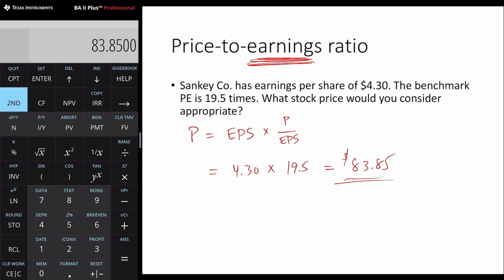What does this mean? It says that if we were to value this company relative to similar companies, then the value should be around $83.85. So then we can look at the actual valuation and say, if the stock price is $70, okay, this company is a little bit undervalued relative to its peers. Why is that?